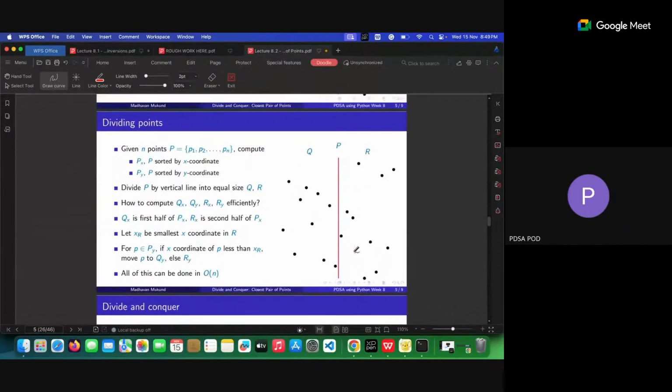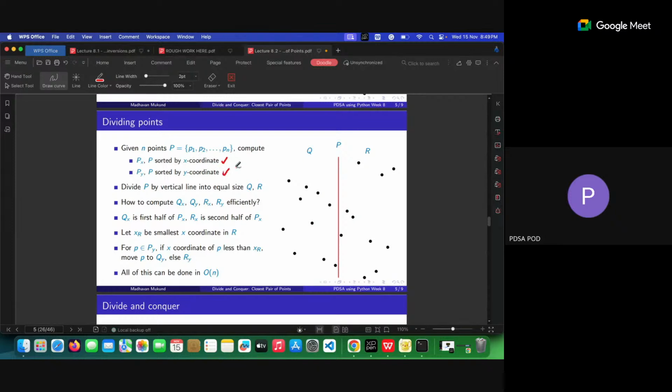Given n points P: P1, P2, ..., Pn, where Px is P sorted by x coordinate and Py is sorted by y coordinate. First it sorts by the x coordinate, and then it sorts by the y coordinate also. Now they try to divide it into two halves.